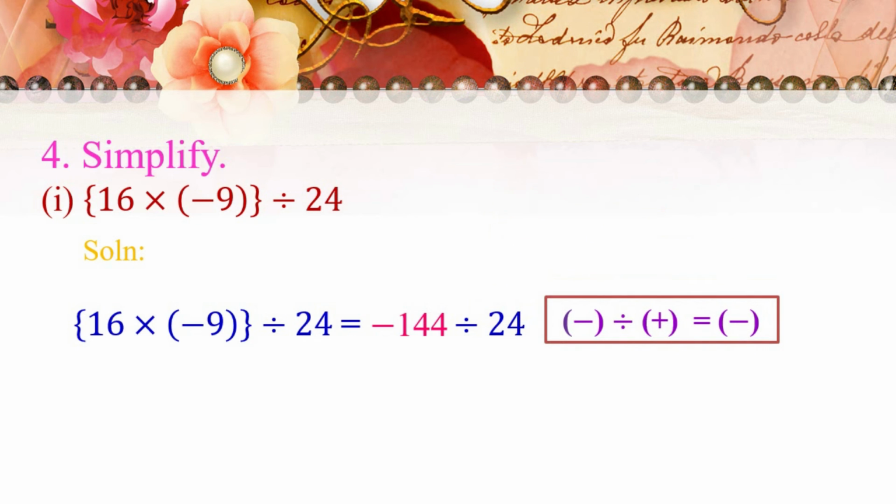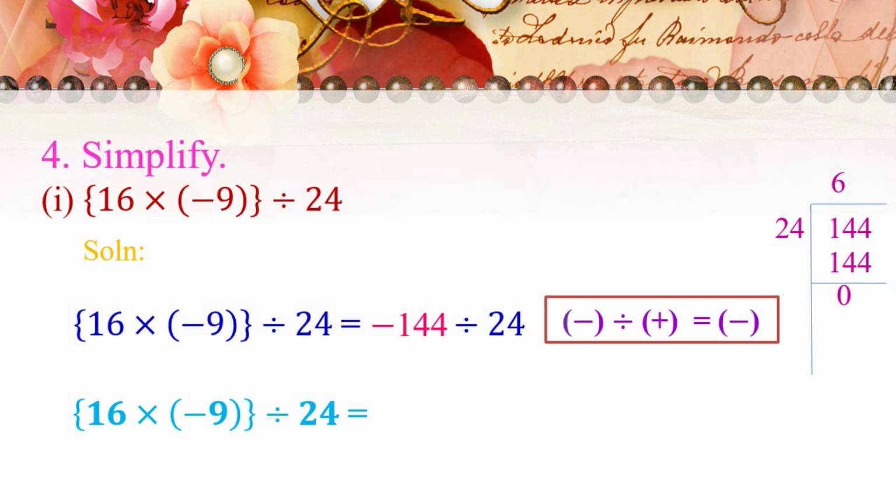Now, when we divide a negative integer by a positive integer, we get a negative integer only. Therefore, here 144 is the dividend and 24 is the divisor. Now we can divide. 144 divided by 24. 6 24s are 144. 144 minus 144, we get 0. Therefore, 16 into minus 9 divided by 24 is equal to minus 6. The value is minus 6.